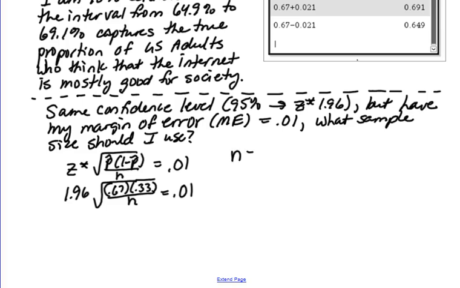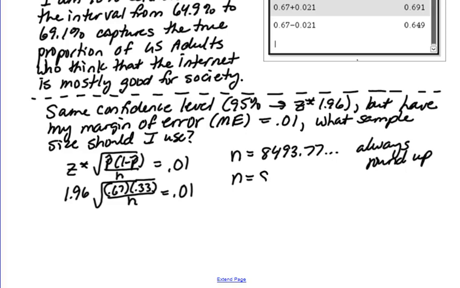So here I have n equals 8493.77... always round up. So n is 8494 people. Now, in real life, this would not be practical.